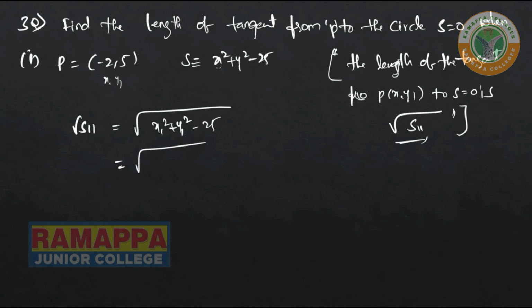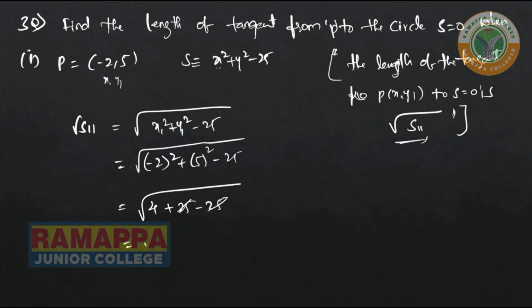So under root of x1 is equal to how much? Minus 2 whole square plus y1 is equal to 5 whole square minus 25, and it will become 4 under root of plus 25 minus 25. Minus 25 plus 25 will get cancelled, under root of 4 will remain, and 2 is the answer here. Now under root of S11 is equal to 2 only, answer here.